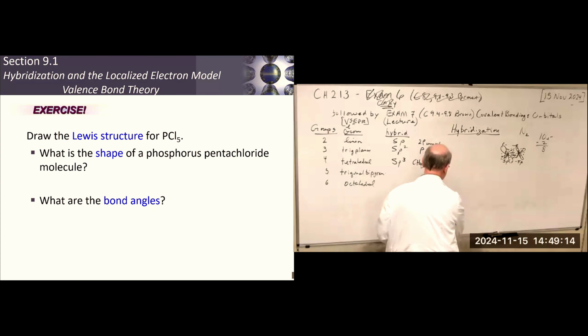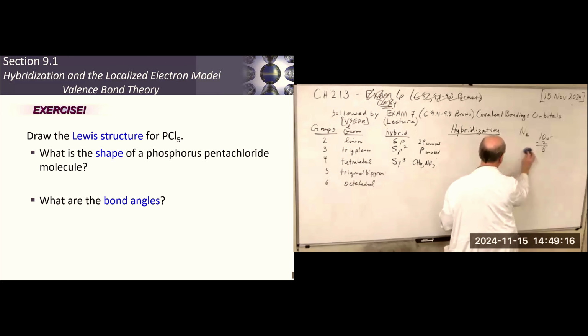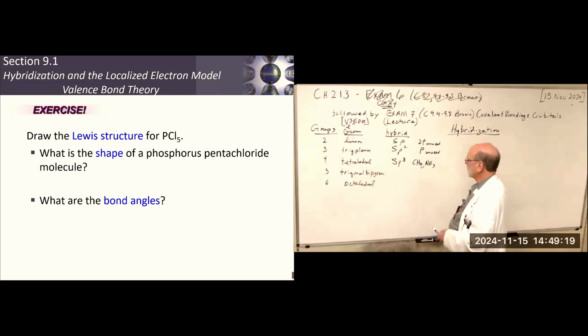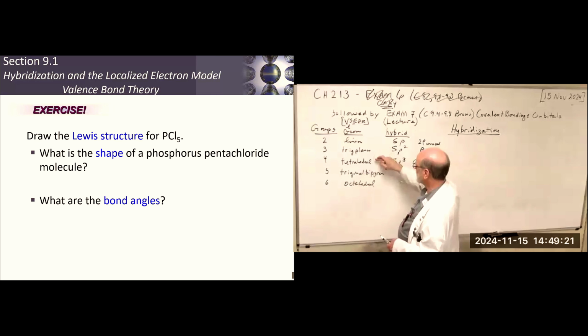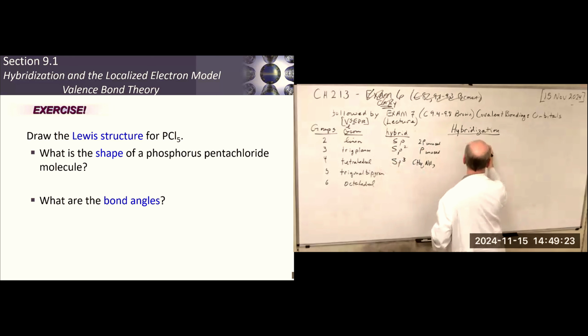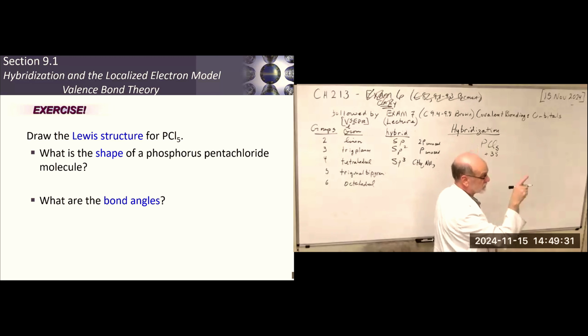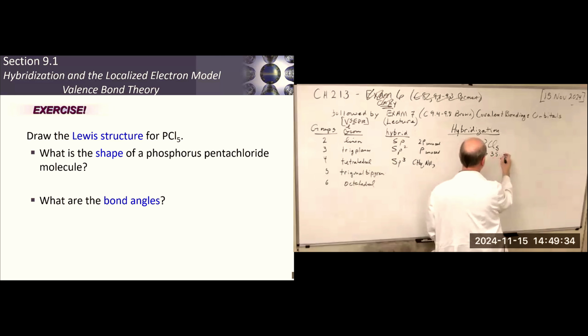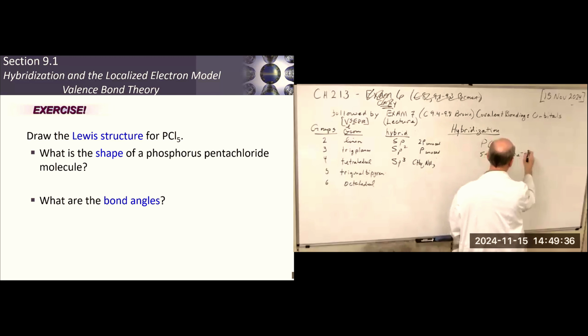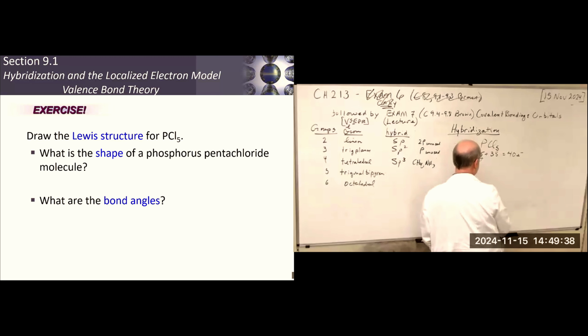Okay, PCl5 is an example. We've covered 2, 3, and 4 groups. PCl5, let's see what it looks like. So this is 7 times 5 is 35. And phosphorus is 5. So we have 40 electrons. And so we put P here, 1, 2, 3, 4, 5. Chlorine, chlorine, chlorine.